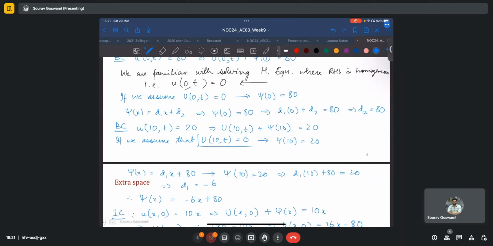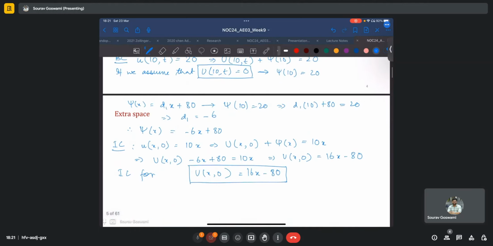We have the 1D heat equation that we are trying to solve, and we have the left hand side held at 0, the right hand side held at 0, as well as the initial distribution of temperature as a function of x itself. So this is a problem we are already familiar with.